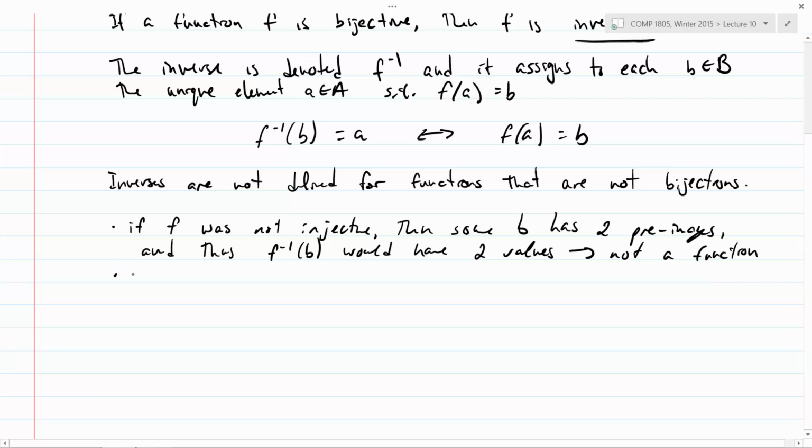On the other hand, if f was not surjective, then some b has no preimage. And this is a problem because f inverse of b would have no value.